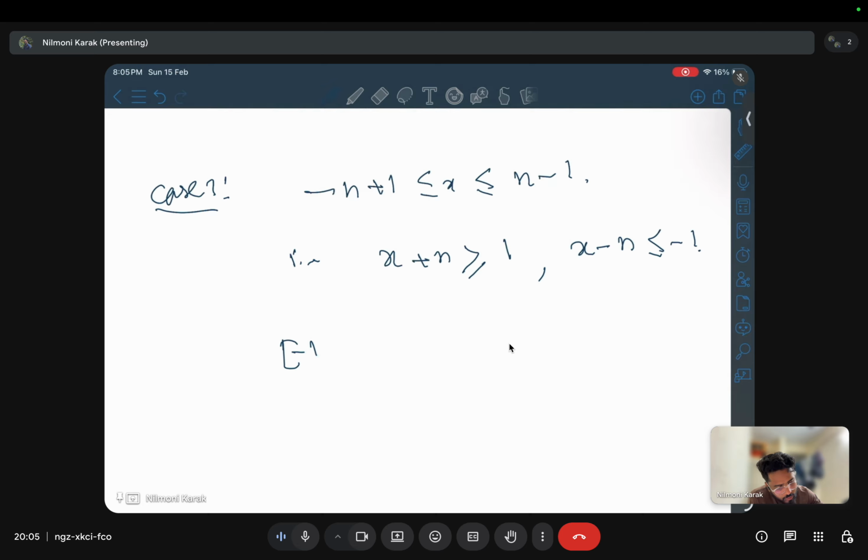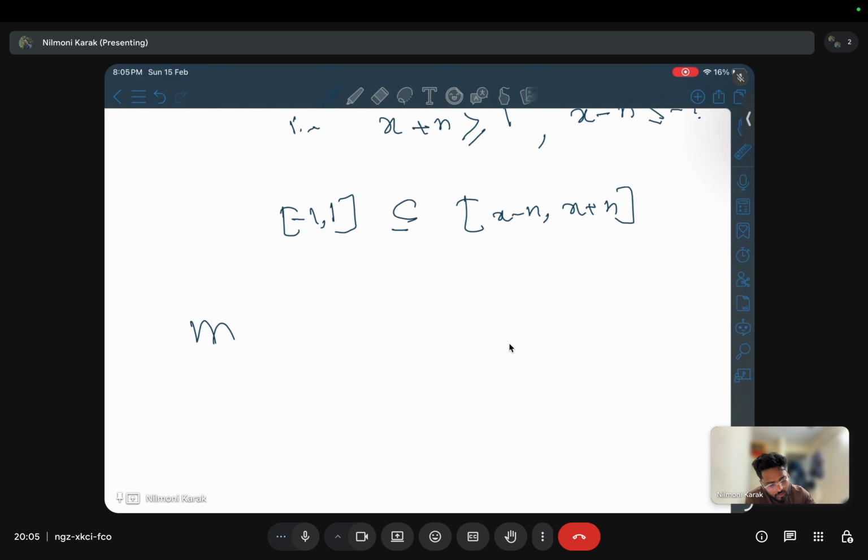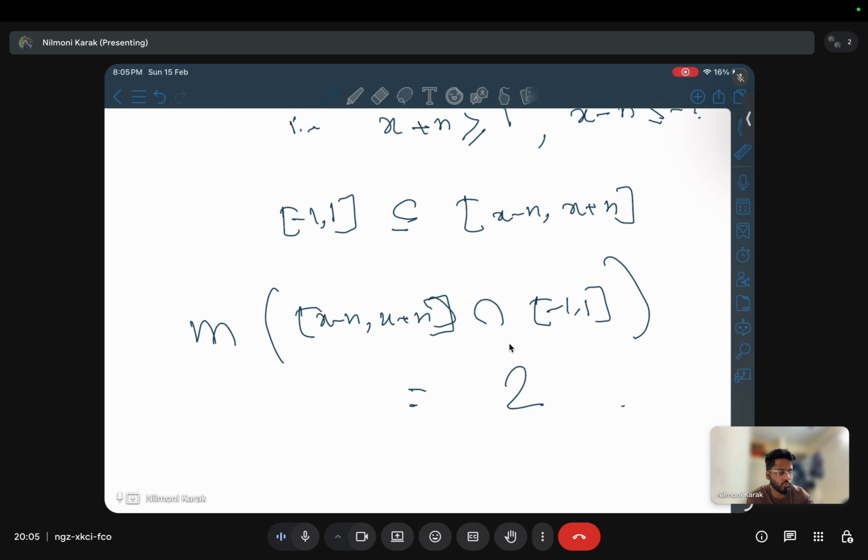So minus 1 to 1 is contained in x minus n to x plus n. So the intersection is basically minus 1 to 1. The measure of x minus n to x plus n intersected with minus 1 to 1 is basically 2, because the intersection is minus 1 to 1.